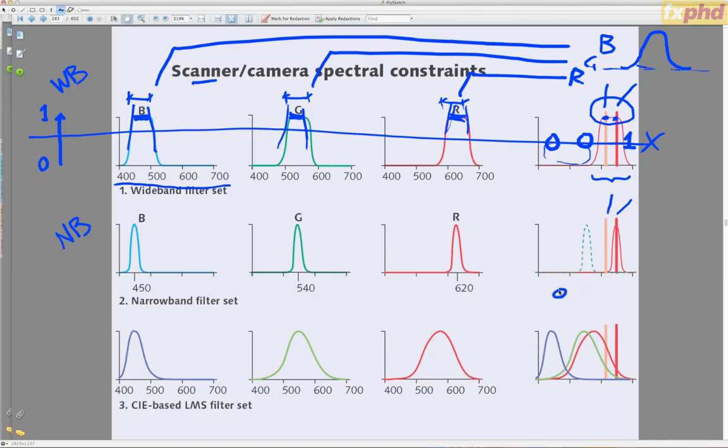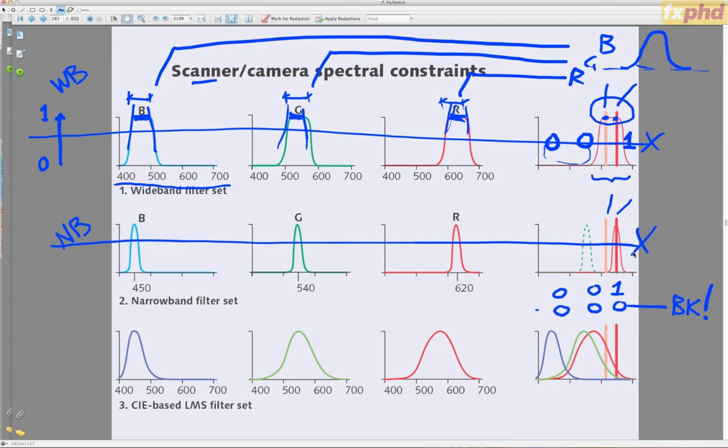So the red will be reported as 0, 0, 1. The orange will be reported as 0, 0, 0. But wait a minute, 0, 0, 0, that's also black. So although we repaired one problem, we created another. And this set of filters actually doesn't work.